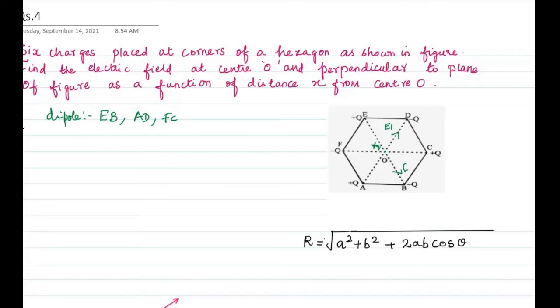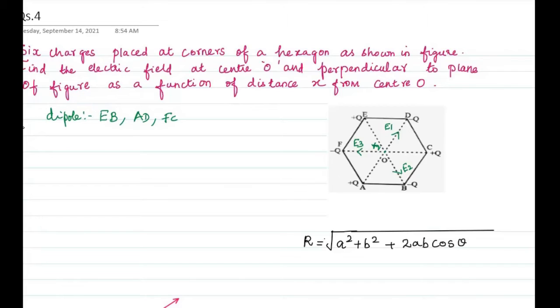And when you come to this pair FC, the dipole moment is from minus Q to plus Q, so the electric field direction will be opposite. Let it be E3.